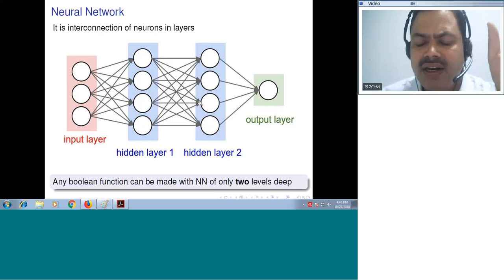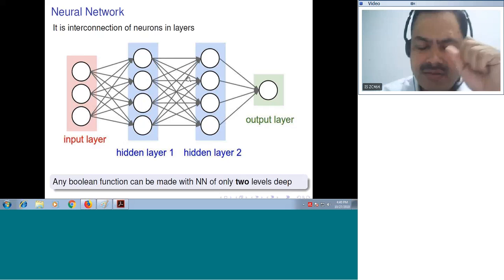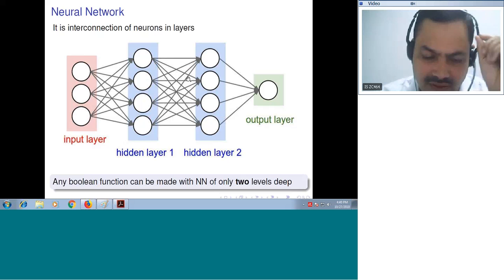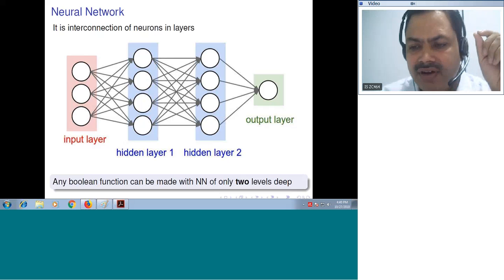Whenever you want to change the weights, you use gradients, and the gradients become very small, and therefore you cannot train. We are not going into much detail because it would become mathematical. I just want to tell you that if it is very deep, then it would be very difficult.